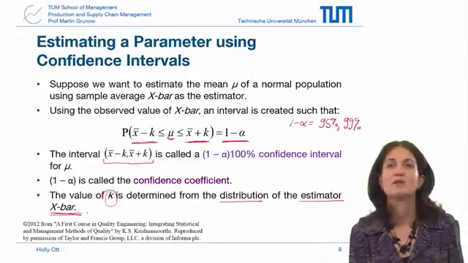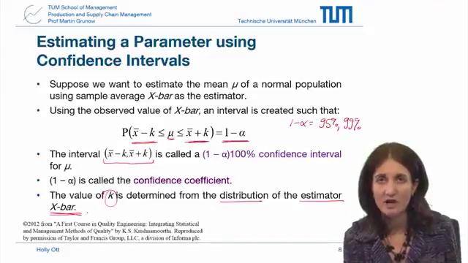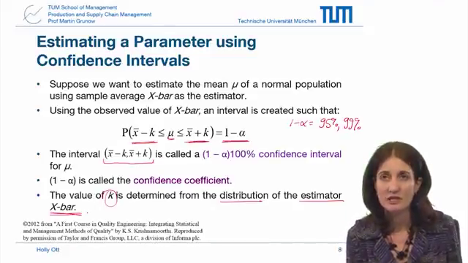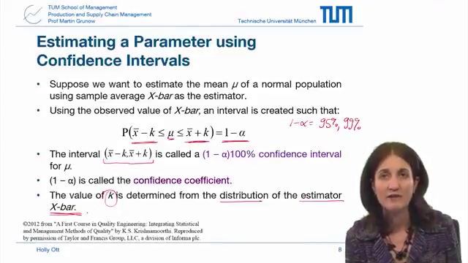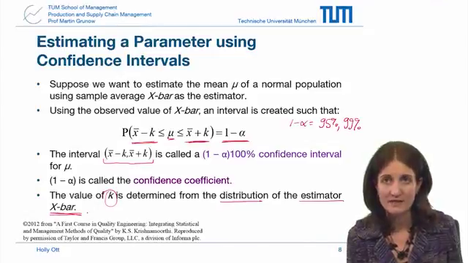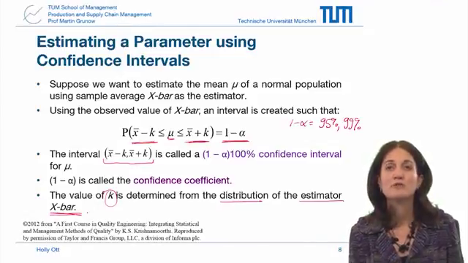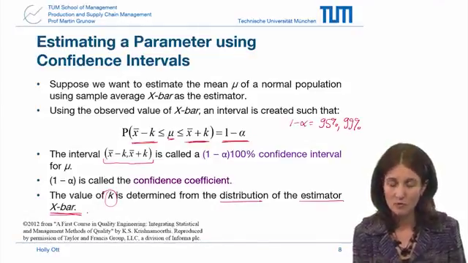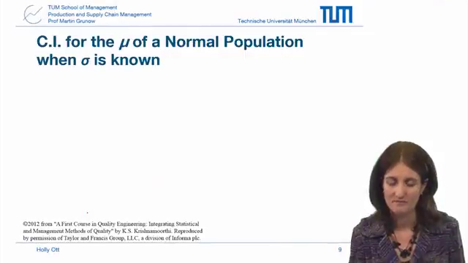So just one more time though, the interpretation of the confidence interval is that if a large number of such intervals are constructed, each resulting from a random variable, then 1 minus alpha percent of these intervals will contain the true population value for the mean, or for the parameter that you're looking for.